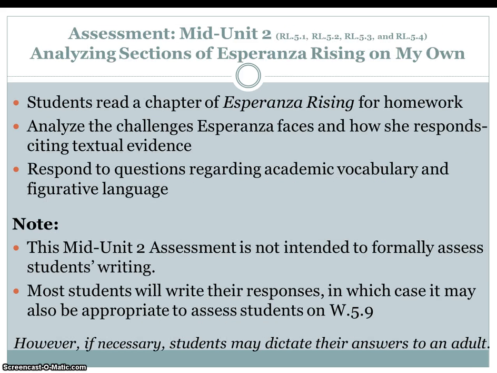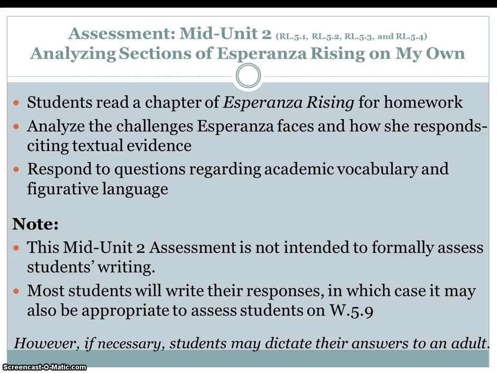Mid-Unit 2, Analyzing Sections of Esperanza Rising on My Own. Students read a chapter of Esperanza Rising for homework. They analyze the challenges Esperanza faces and how she responds, citing textual evidence. Students respond to questions regarding academic vocabulary and figurative language.